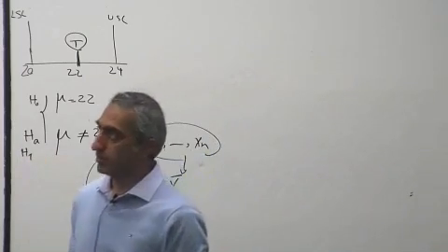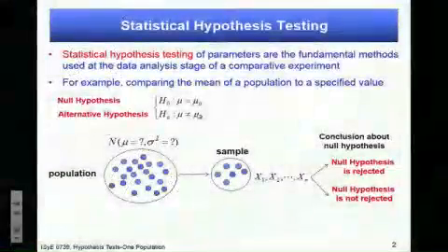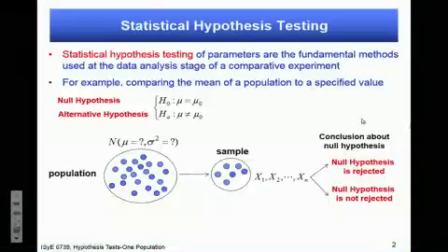Both of them are used. As I said, we have a population, we get a sample, and then we make a conclusion. The conclusions are like this: the null hypothesis is rejected, or the null hypothesis is not rejected.